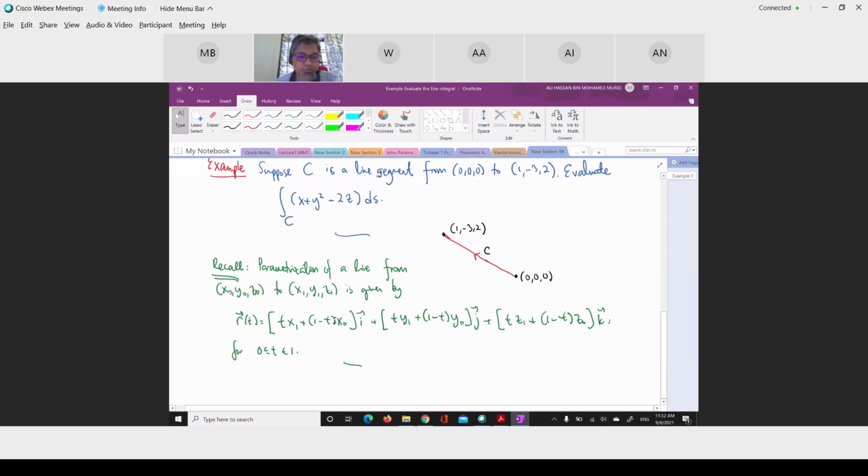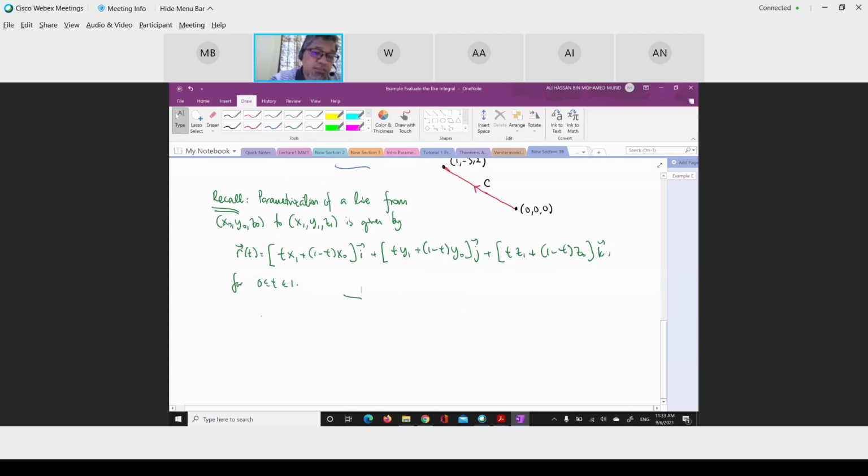When t is 0, the first component is x naught. The second component is y naught. The third component is z naught. You can check that when t is 0, the result is x naught i plus y naught j plus z naught k.